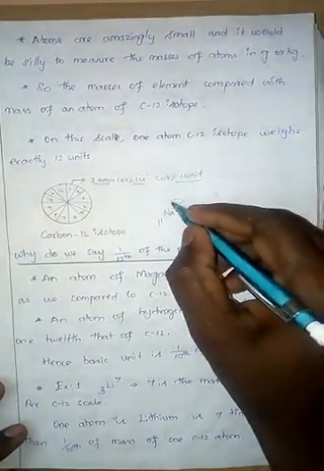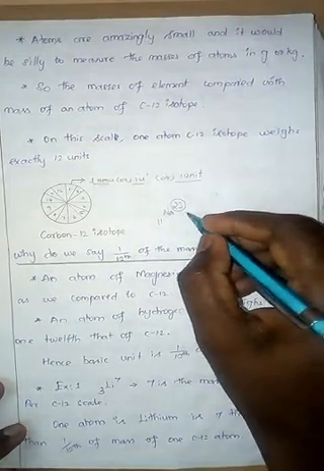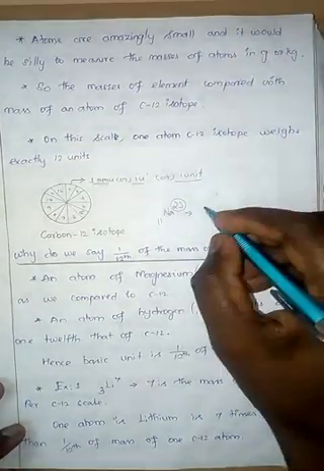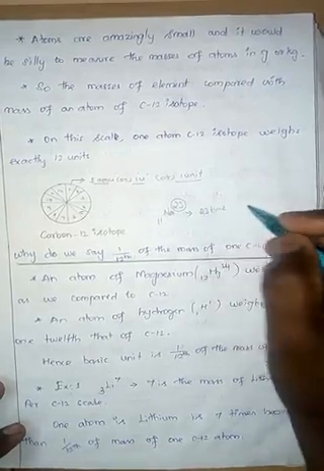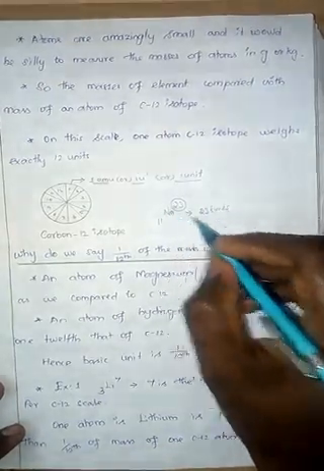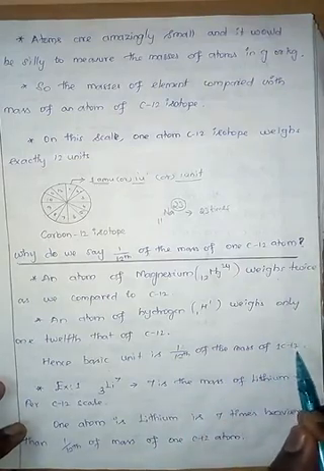The mass number is 23 on the carbon scale. So, a very simple idea: sodium is 23 times heavier than 1 by 12th of the mass of one carbon-12 atom.